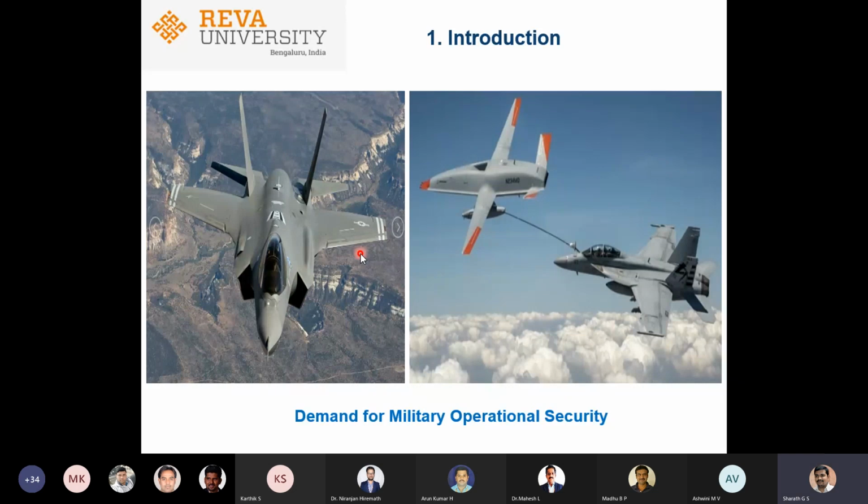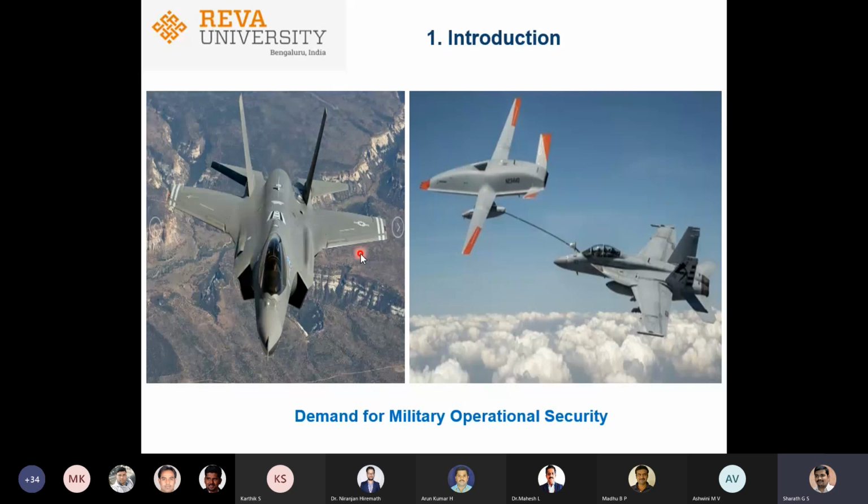In the same way, we have a lot of demand for military operational security. Some of the reasons for the increase in military operational security are the escalation of political tensions between countries and transgressions between neighboring countries.